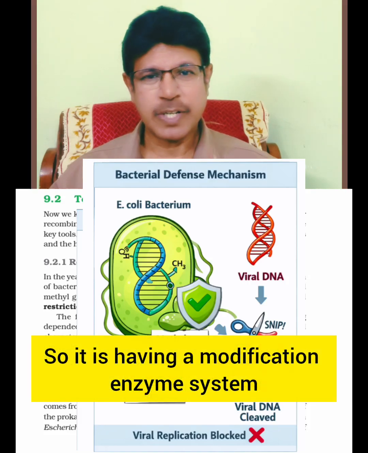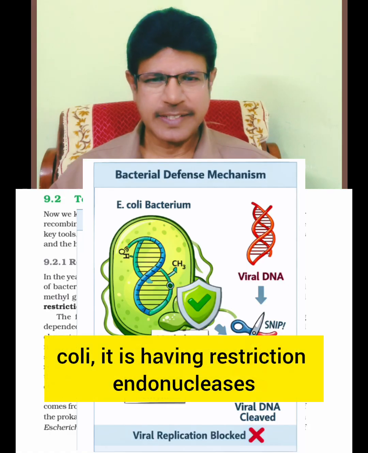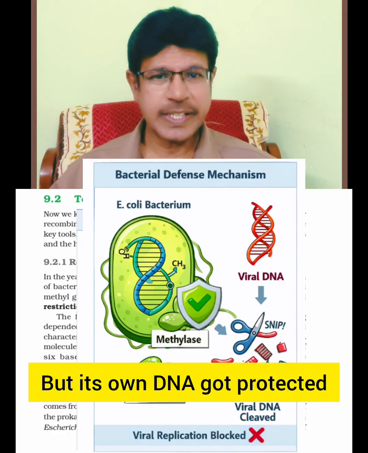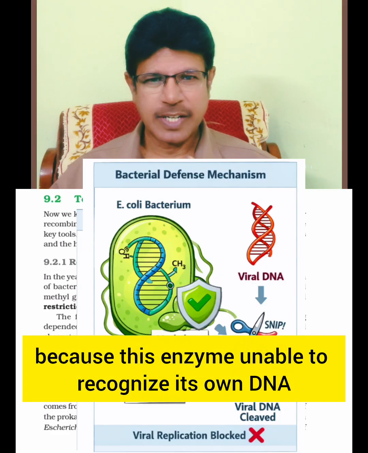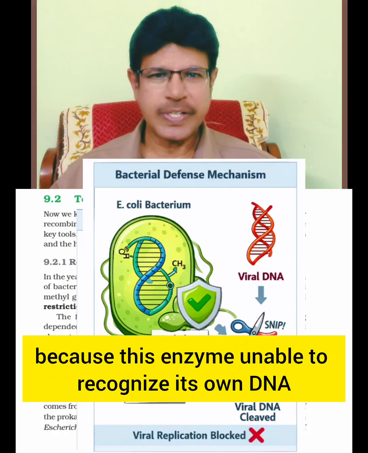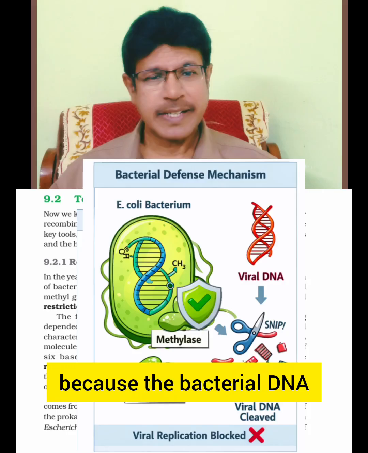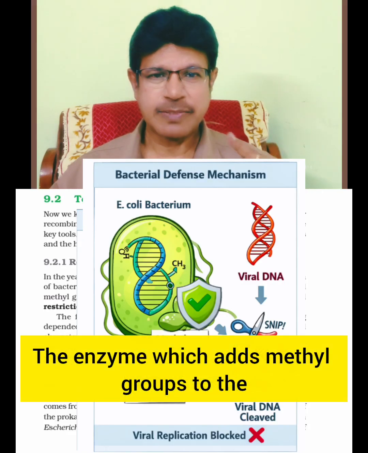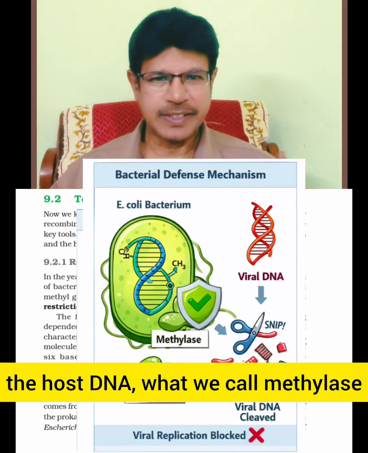So it has a modification enzyme system, because E. coli has restriction endonucleases that cleave DNA, but its own DNA is protected because this enzyme is unable to recognize its own bacterial DNA, because the bacterial DNA is methylated. The enzyme which adds methyl groups to the host DNA is called methylase.